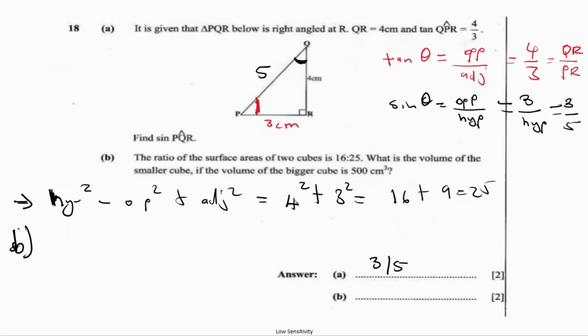Alright, so let's go here to the next page. We're still on question B. We want the volume of the smaller cube, but we're given the ratio of the surface area. So the ratio here is equal to 16:25. But what do we know?